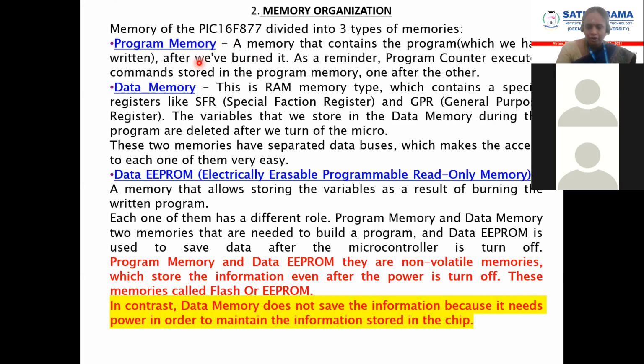We always say program memory and data memory. Here also we have program memory and data memory, but program memory is flash memory, and data memory is RAM type. Flash memory is a non-volatile memory. What is non-volatile memory? The information remains stored even when the power is turned off.